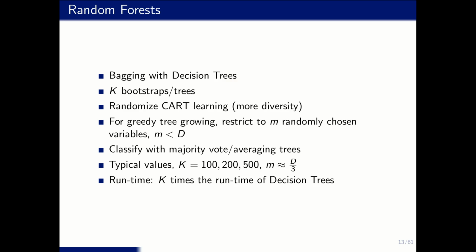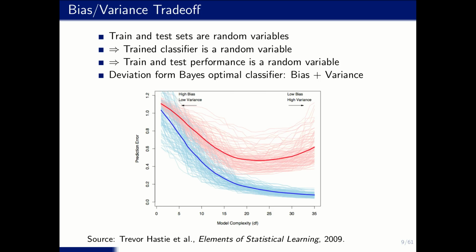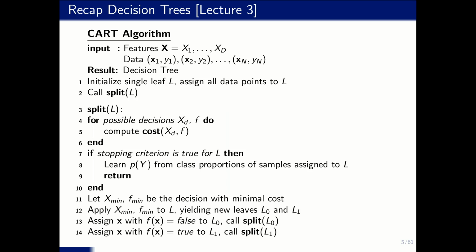So we take k bootstraps, sampling with replacement, and on each of these we run the CART algorithm. In order to get a bit more diversity, so that the trees don't collapse to essentially the same tree, where we always decide on the first feature, we also make the tree growing a bit random. Let me go back to the algorithm. Here we compute decisions for all possible features and decision functions.